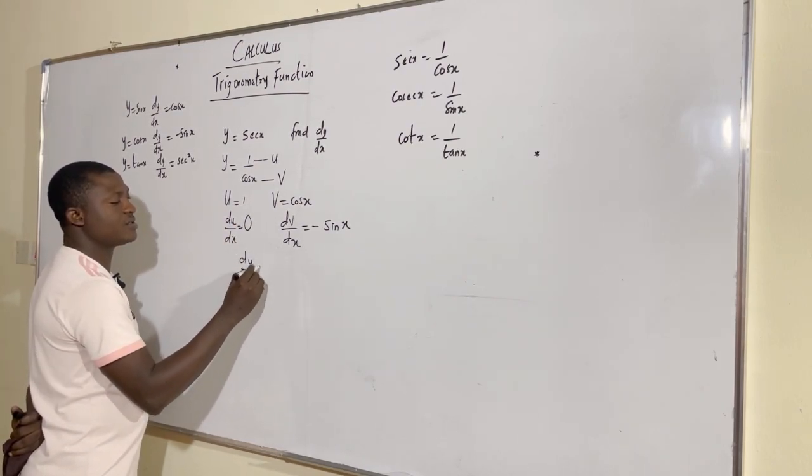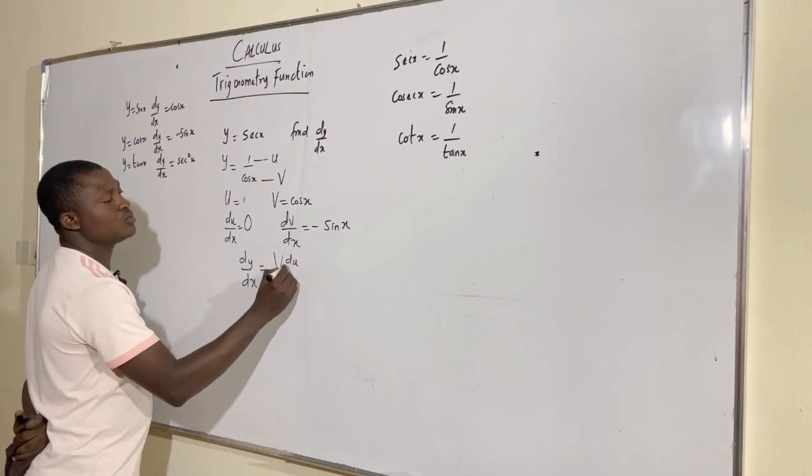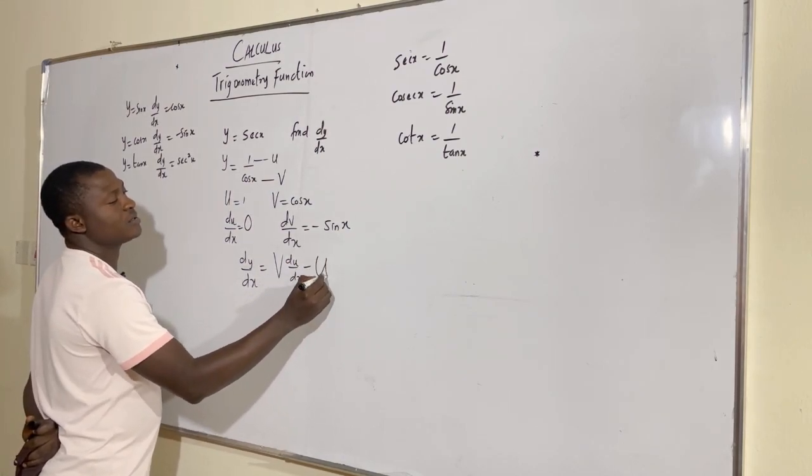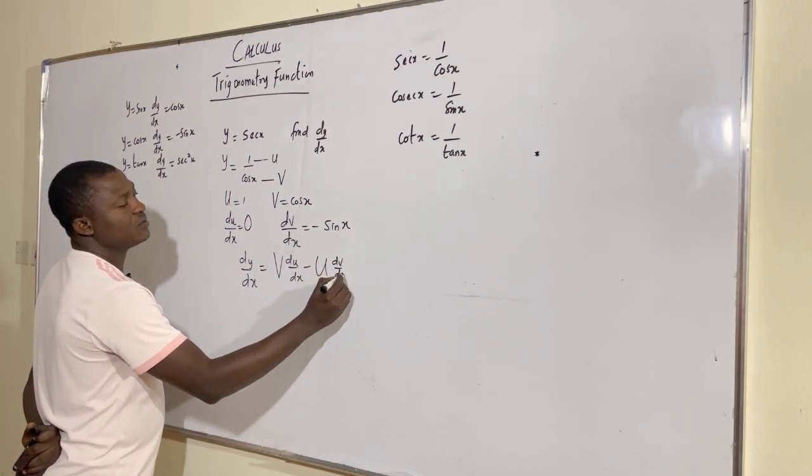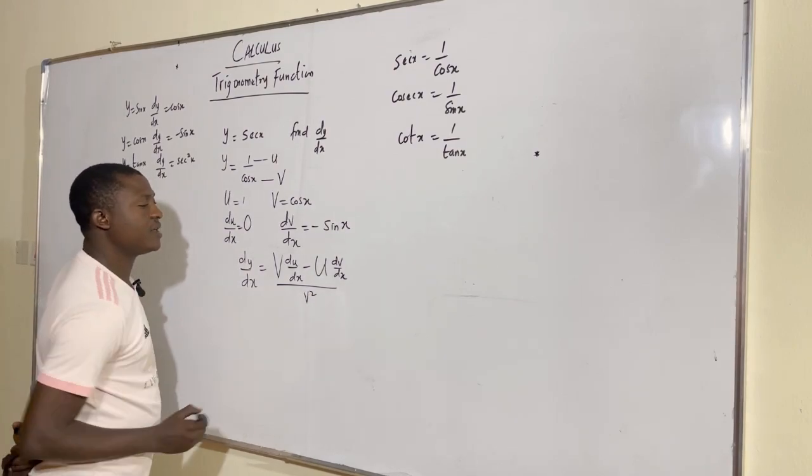dy dx is equal to v du all over dx minus u dv all over dx, all divided by v squared.